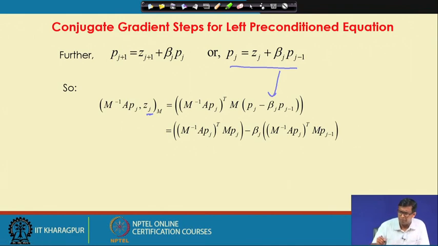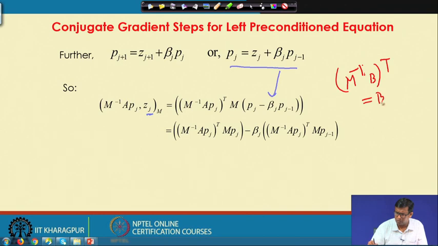And then we can write M inverse B transpose is equal to B transpose M inverse transpose, and as M is a symmetric matrix, this will be B transpose M inverse.